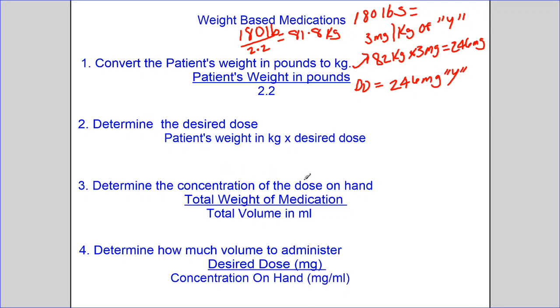Determine the concentration of drug on hand. Okay, so let's say we have 10. Oh, that's not gonna work. Let's say we have, let me erase that. Let's say we have 500 milligrams.